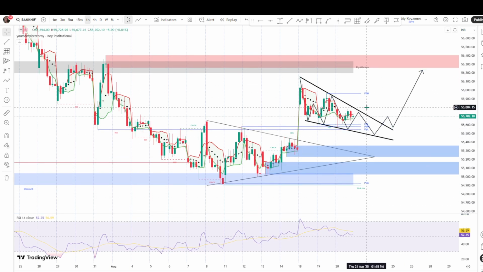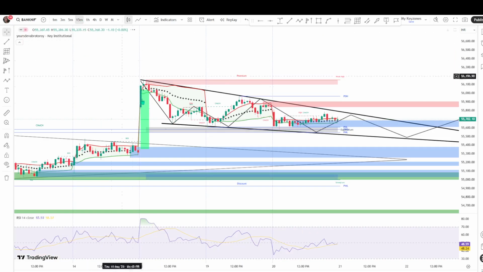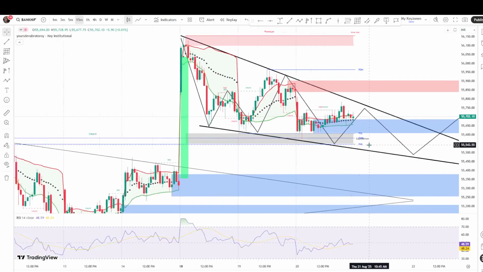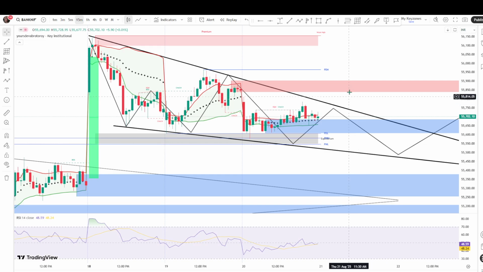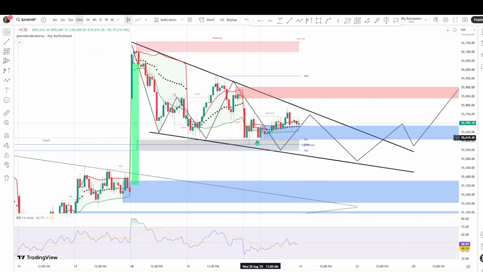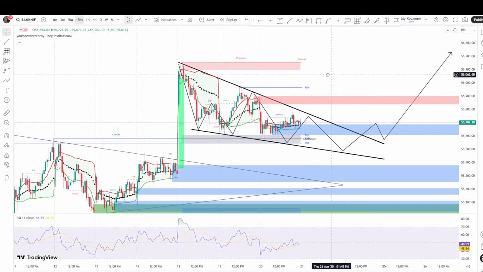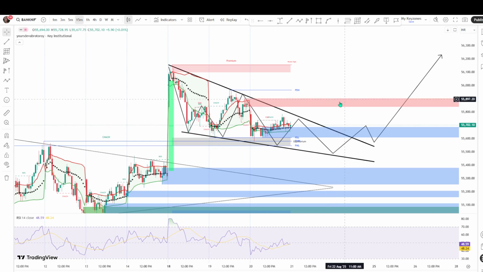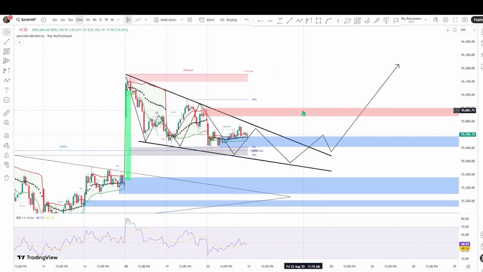Now if I move into the 15-minute time frame, 55,800 is a resistance area. This is the equilibrium zone where multiple times price took support from here, and it is a temporary internal resistance, I guess.